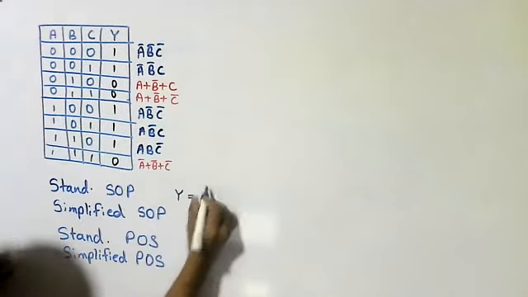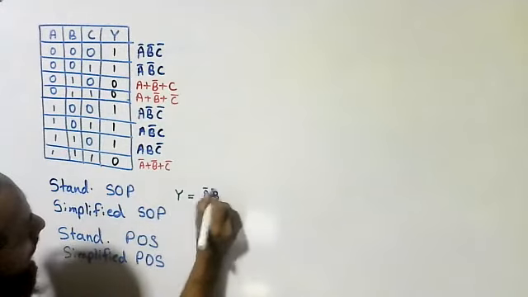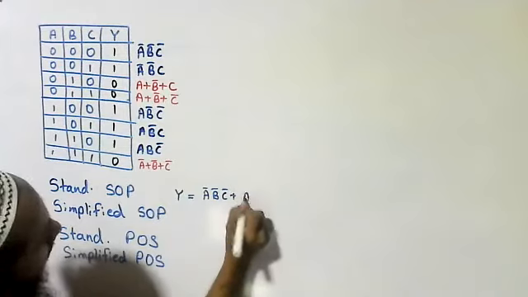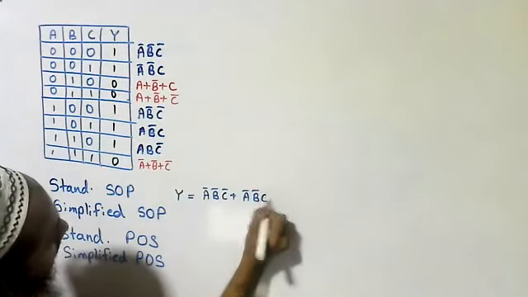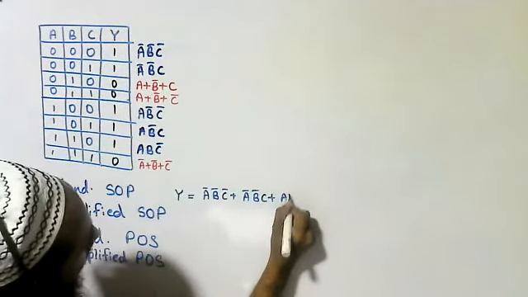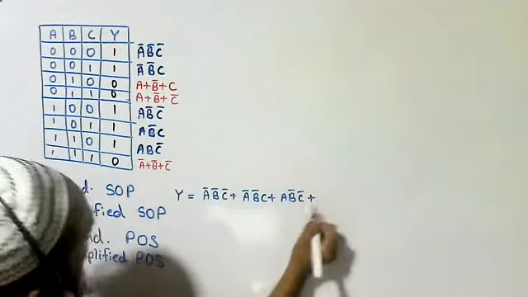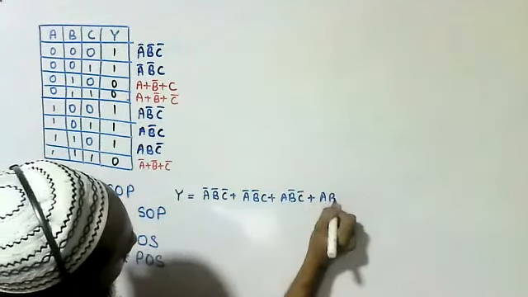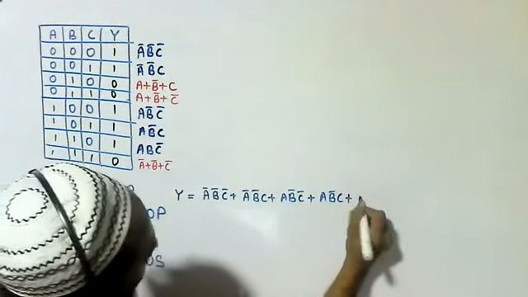Standard SOP: Y equals A bar, B bar, C bar plus A bar, B bar, C plus A, B bar, C bar plus A, B bar, C plus A, B, C bar.